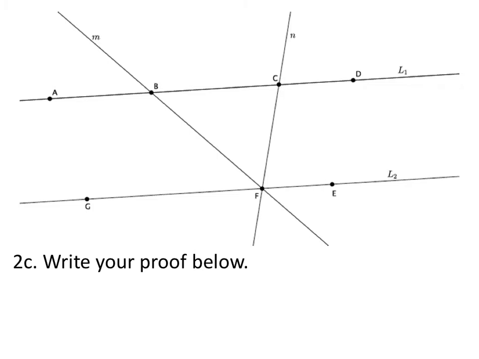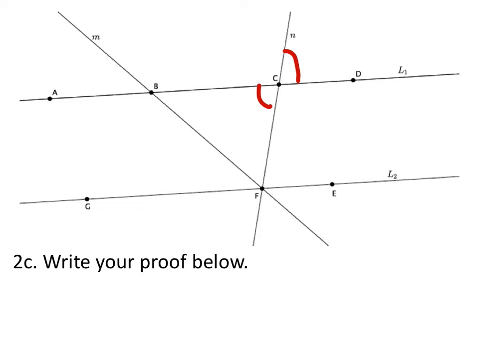Alright, let's write our proof below. So we want to show that this is 180 degrees. Here's what we know: this interior angle of the triangle, angle BCF, is congruent to this angle, which we can't really name because there's nowhere to put that angle there.